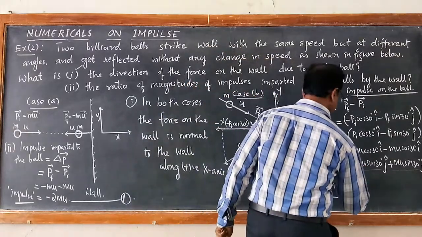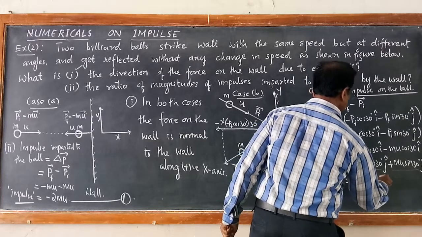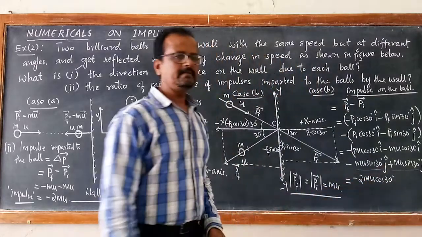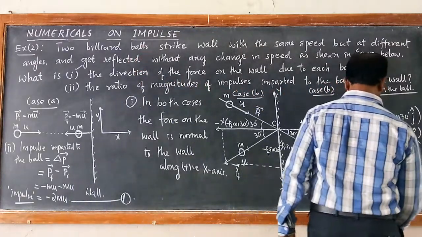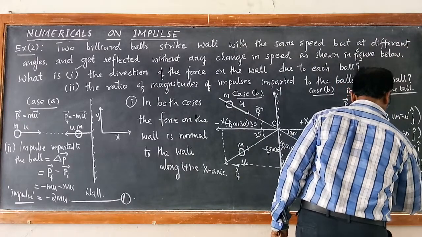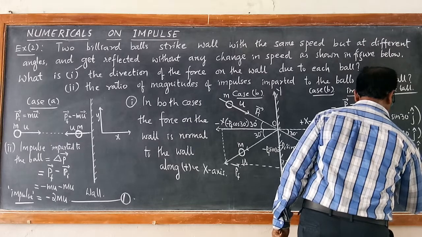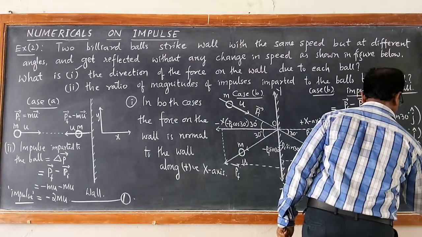Therefore, you are left with finally minus 2 mu cos 30. What is cos 30? Root 3 by 2. So it becomes minus 2 mu into root 3 by 2.